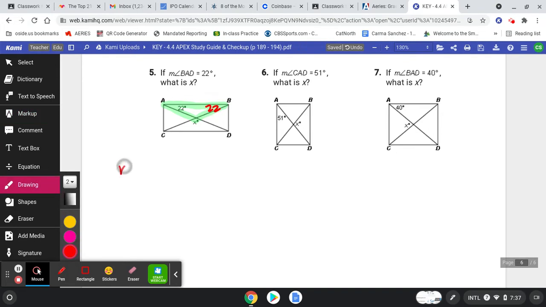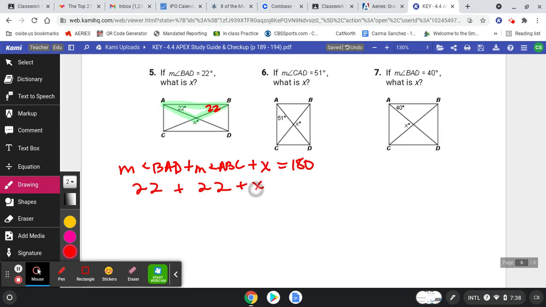And we know that the measure of angle BAD plus the measure of angle ABC plus the measure of the middle, X, is equal to 180. So 22 plus our unknown is 44 plus our unknown.